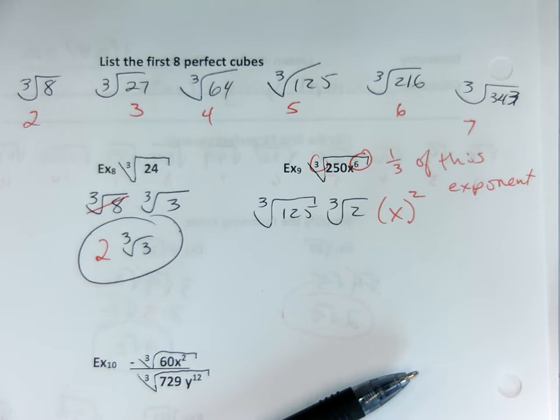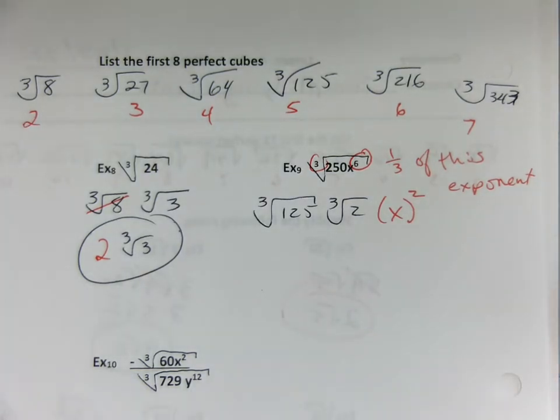And square root's got a little invisible 2 in there, which we never write for a square root, right? So whatever the root is, you're going to divide by that number for the exponents, okay?